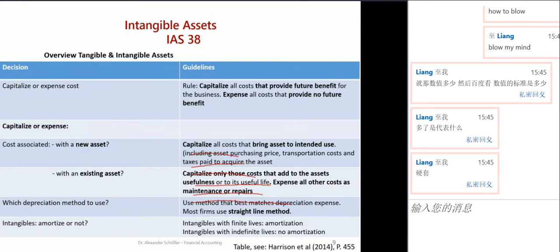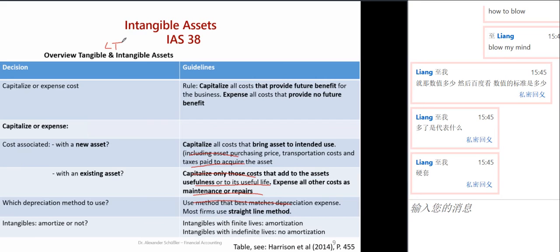This slide shows an overview of tangible and intangible assets. Both of these are long-term. And as a general rule, if you're thinking about the question whether to capitalize or expense a cost, the rule is capitalize all costs that provide future benefit for the business, and expense all costs that provide no future benefits.